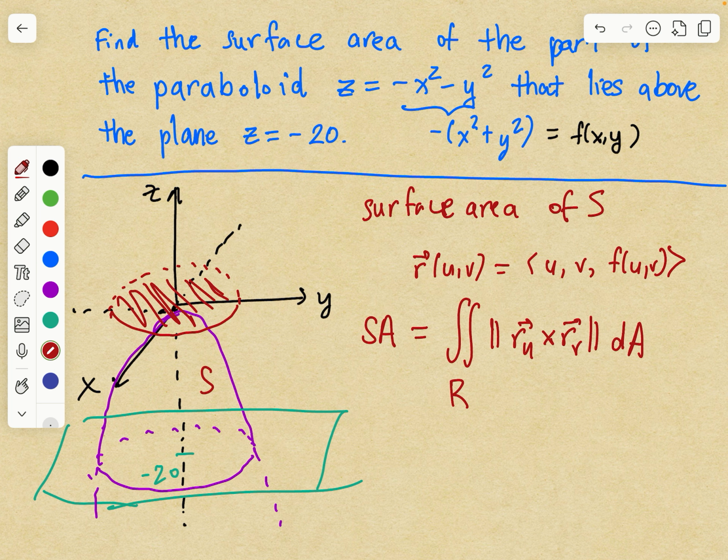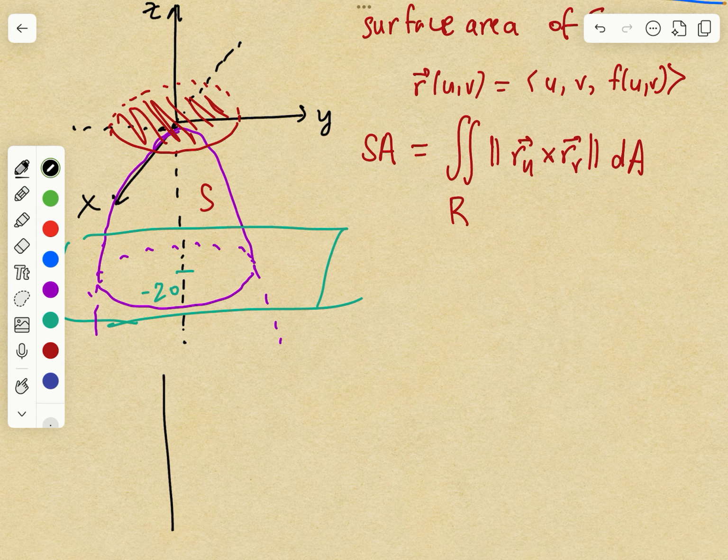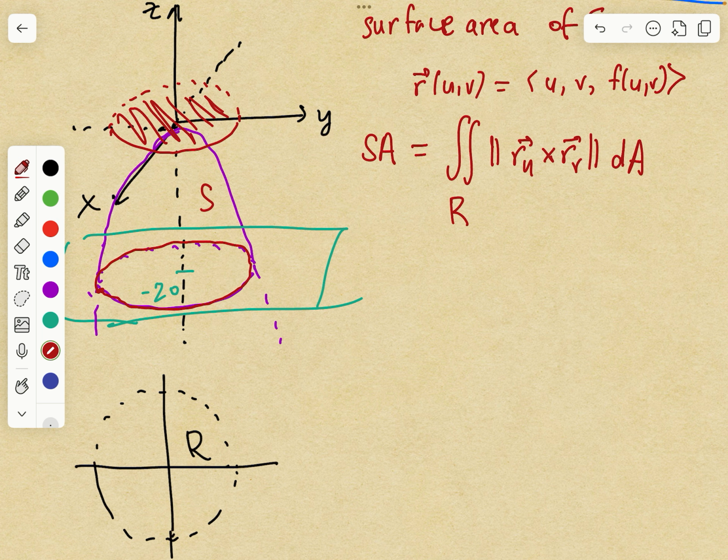And this is a disk, and we need to know what the radius of this disk is. So R is going to be this circular part in R2. And what you're doing to get this outside part of R is that's going to correspond to this outside circle, which is when z is negative 20.